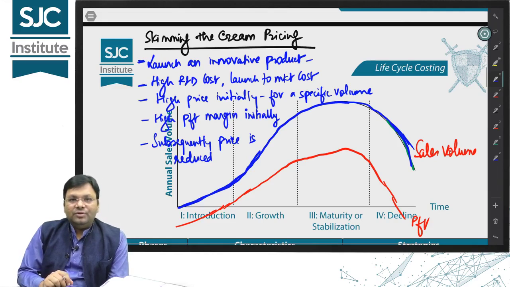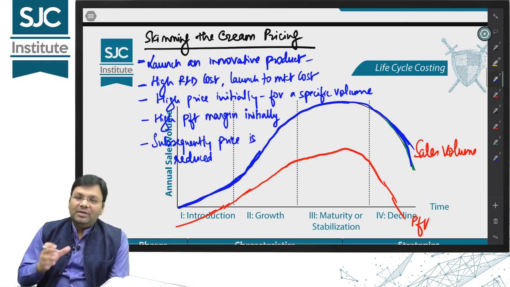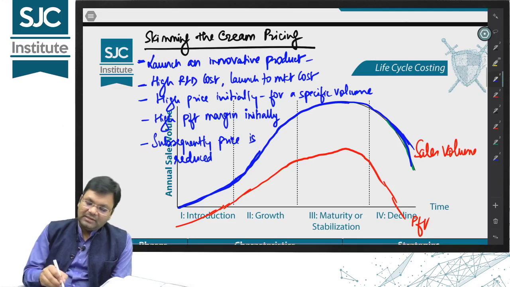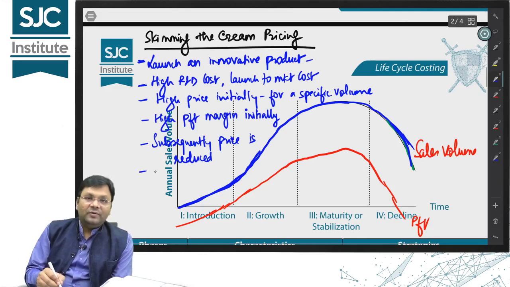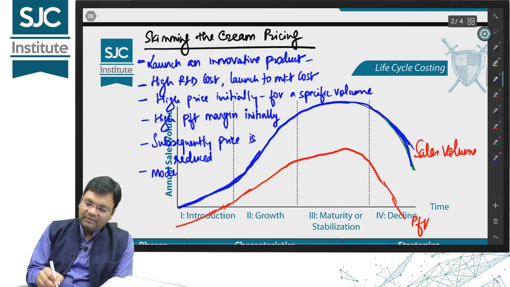You earn this margin on your total basis. So the next level gives you more margin in terms of absolute amount. Moderate profit per unit will be there in this subsequent part, but volume is very high.